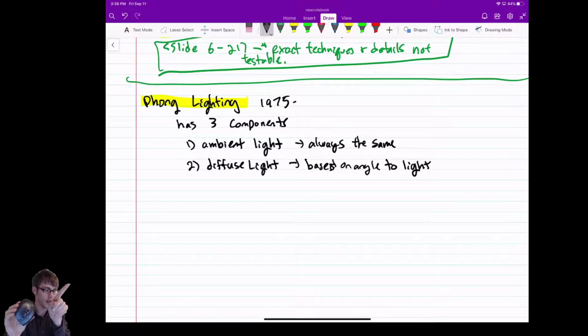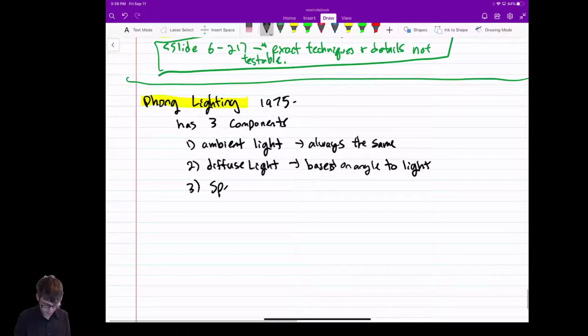You can tell there's a light over that way, and the diffuse is the general, not the shiny part in the middle, we'll come back to that, but the general fall off. An orange is a really good way to show it. That's the diffuse lighting. My shirt has a lot of diffuse lighting. It's based on the angle to the light, and as I turn, it changes a bit. That's diffuse lighting.